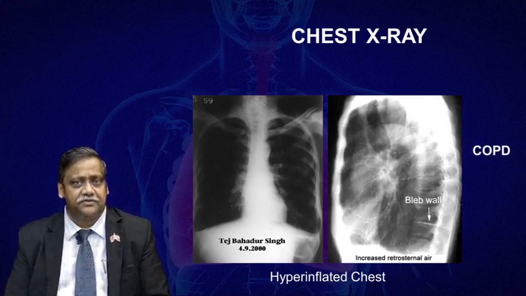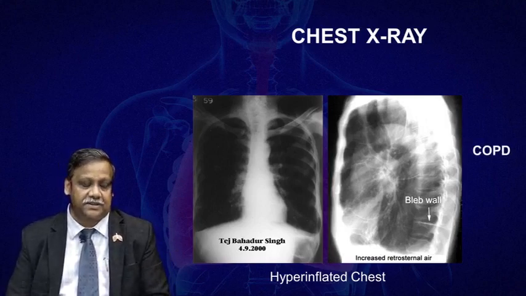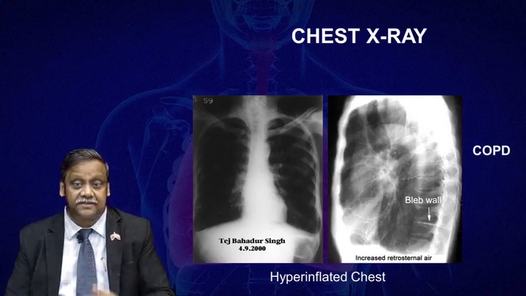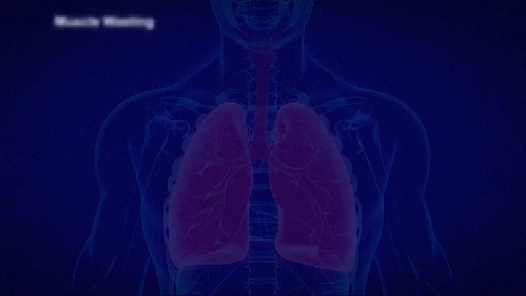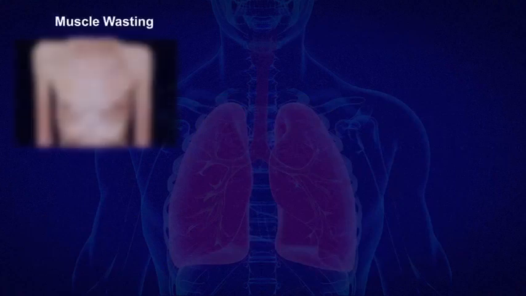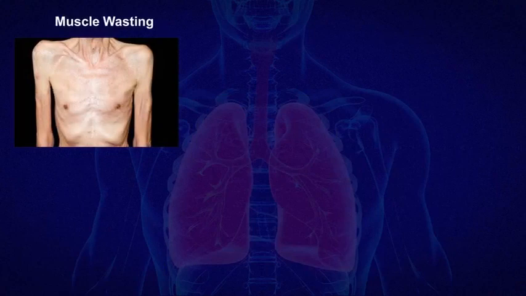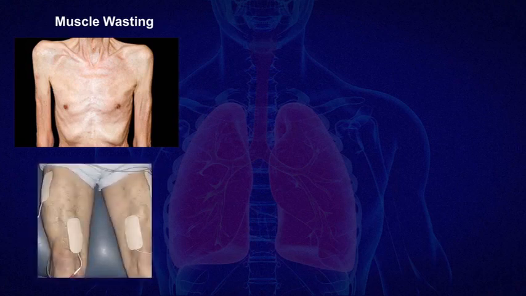One very interesting new feature of COPD that we have noticed nowadays is some of these things that I've just shown you. Muscle wasting. Many patients of COPD lose a lot of their muscle because the proteins are lost. So they have hardly any muscle in the upper part of the body, or there's even wasting of the muscles in the thighs.